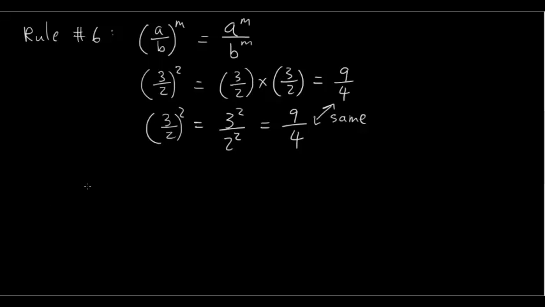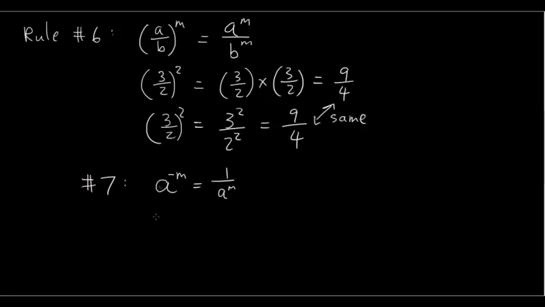And now let's do the negative index law, rule number 7. Negative indices. So if we have something like a to the power of negative m, that actually equals 1 over a to the power of m.